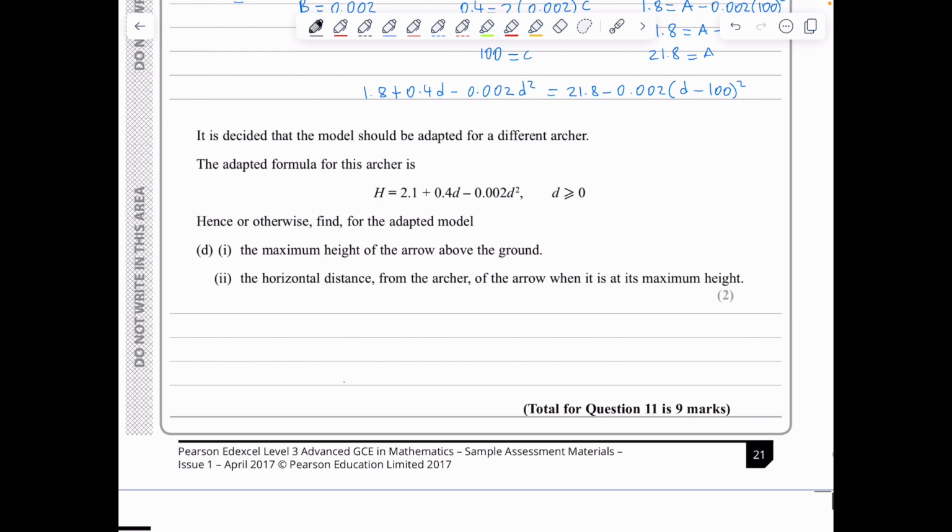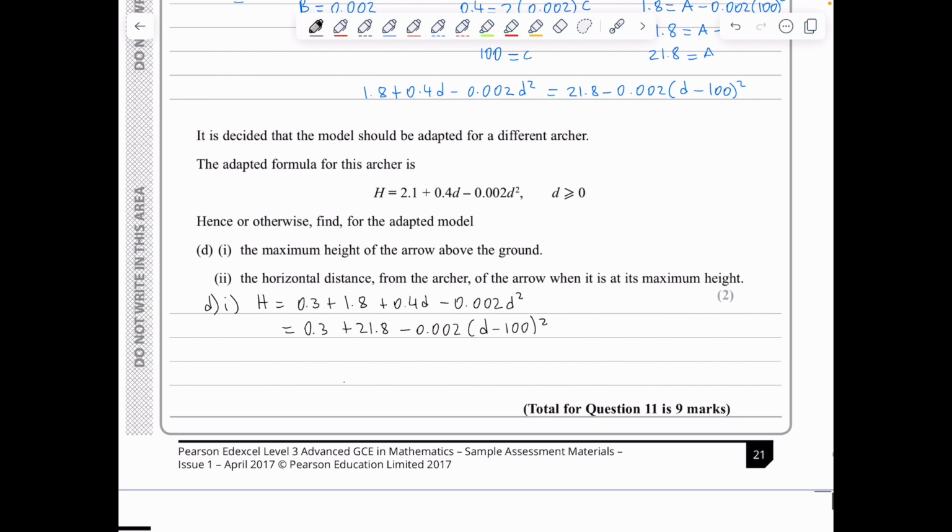So I will start by writing that capital H can be written as 0.3 plus 1.8 plus 0.4d minus 0.002d squared. We already have completed the square form for this part here, so I can write this as 0.3 plus 21.8 minus the 0.002 brackets d minus 100 squared.